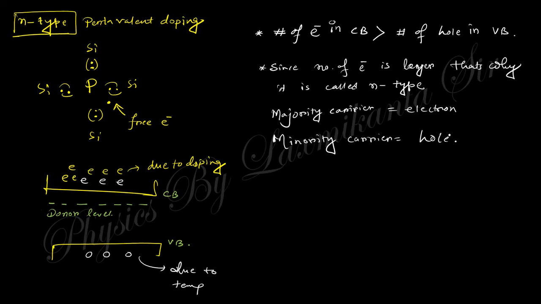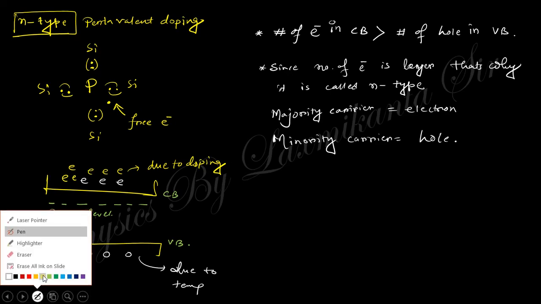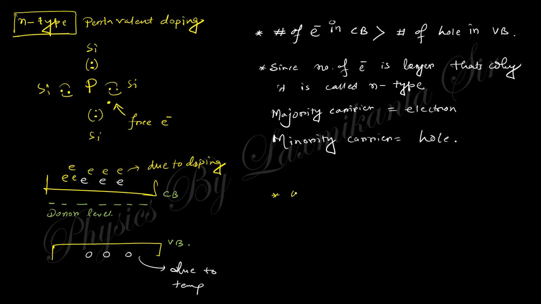Now if I want to discuss why the majority carrier arises, and why the minority carrier is generated. Why is the majority carrier generated?